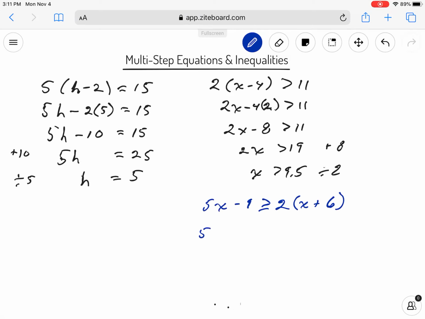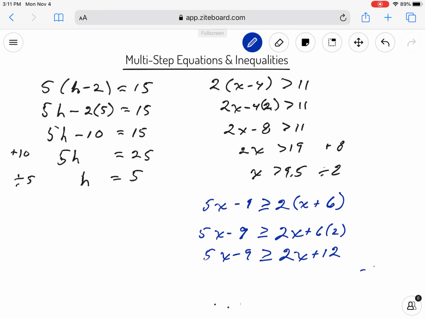So the first thing I need to do is distribute the 2 on the right side of the equation. So that's 2 times x plus 6 times 2. And that's 5x minus 9 is greater than or equal to 2x plus 12.